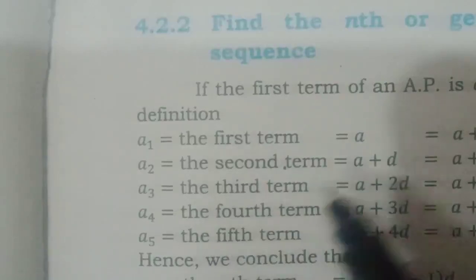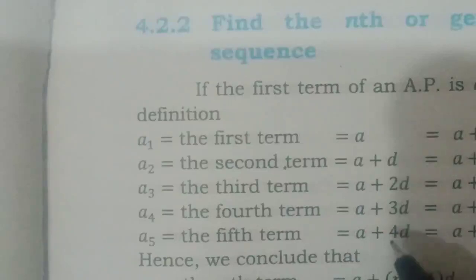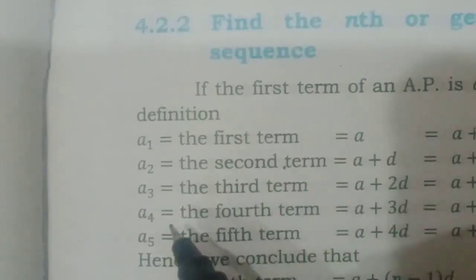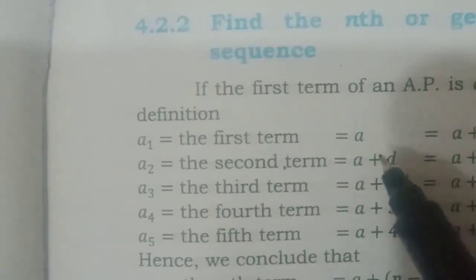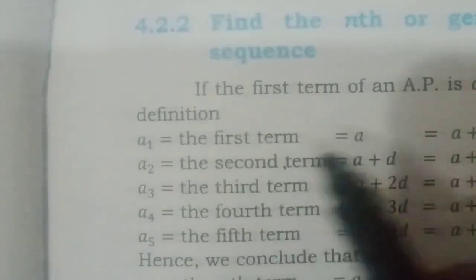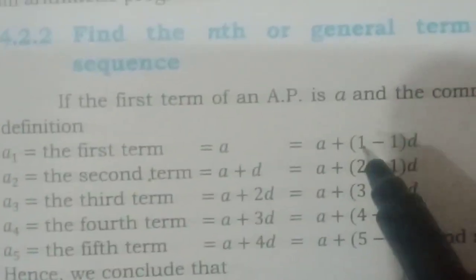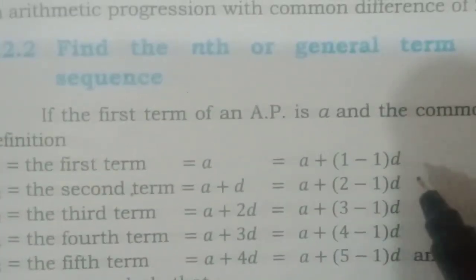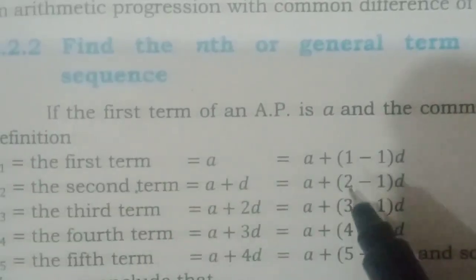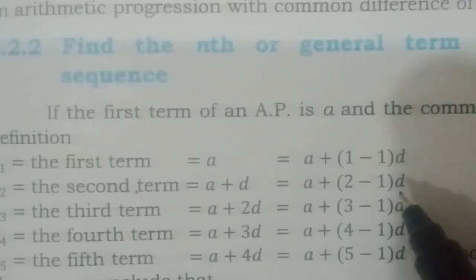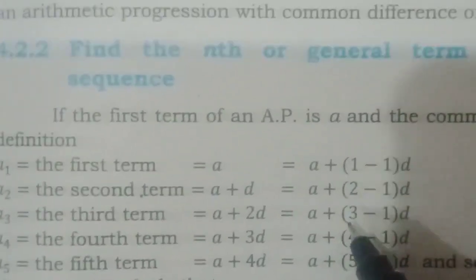You can see that the multiple of d is one less than the term number. For the fifth term you have 4d, then 3d, 2d, 1d, and for a1 you have 0d. It means you can write (1 minus 1)d, or for the second term (2 minus 1)d, because a2 is the second term. For the third term, (3 minus 1)d.